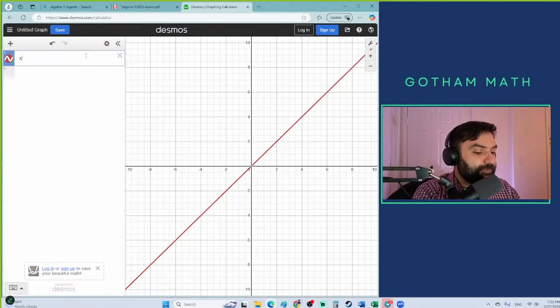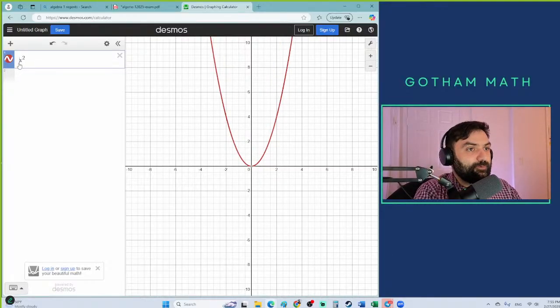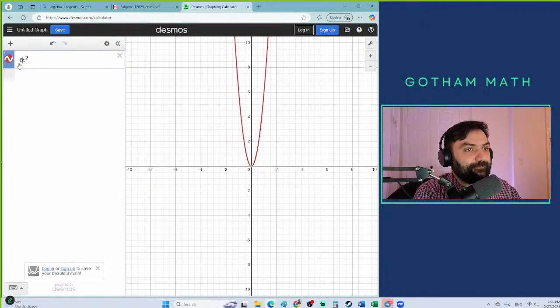This is the regular function x squared. Let me show you what happens to it if I multiply by bigger numbers, like 2, 3, 4, 5, 6, 7, 8, 9. You see what's happening? The bigger the number, the thinner the function becomes.